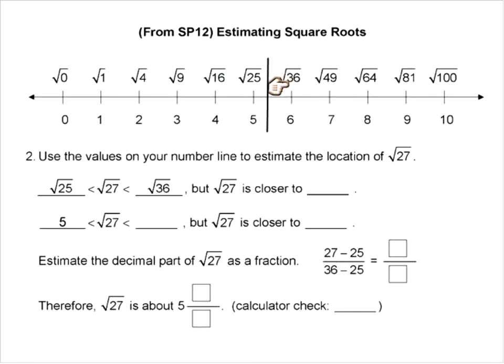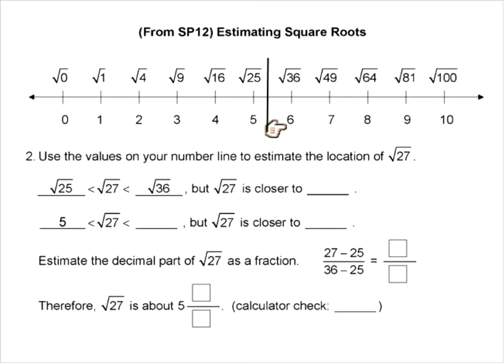Do you agree with me? Click a happy face if you do, and sad face if you don't agree with me. So we all see that, right? Now, based on our previous observation, we can also say that the square root of 27 is somewhere between 5 and 6, although it's going to be closer to 5 than it is to 6.